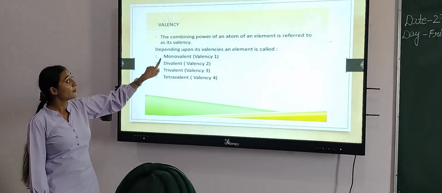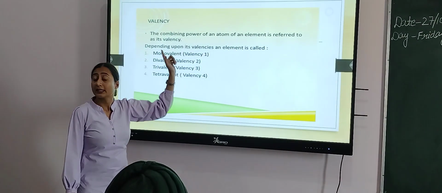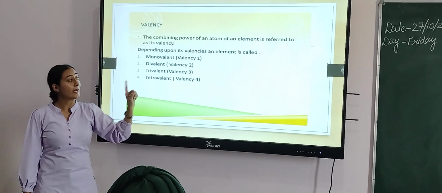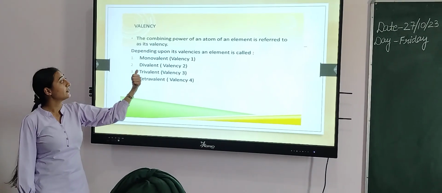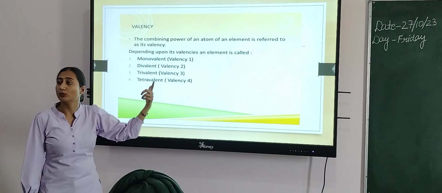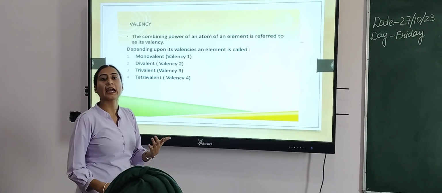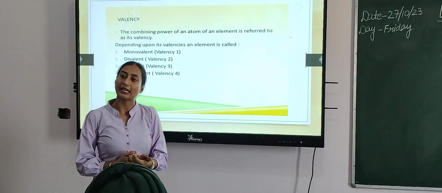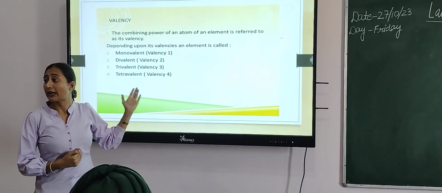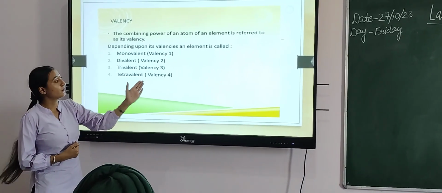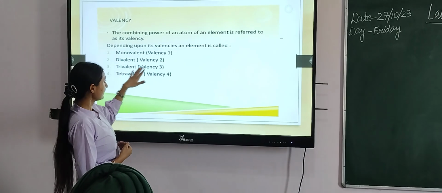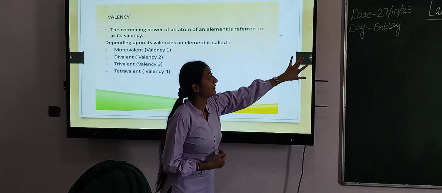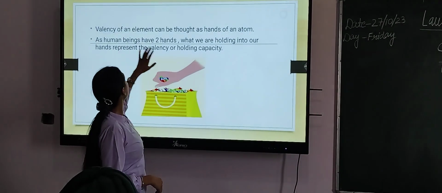First is monovalent, which has valency of 1. Second is divalent, as we know the word di means 2, so any element which has valency of 2 is known as divalent. The word tri represents 3, so it will have the valency of 3, and at last we have tetravalent ions as well.